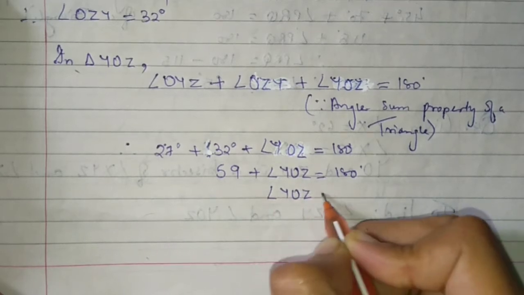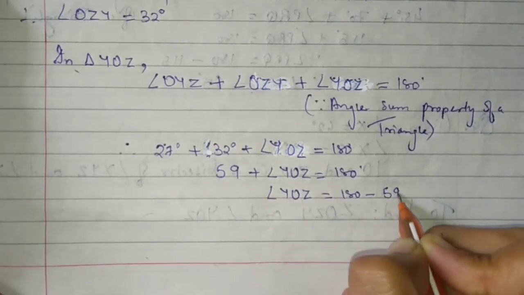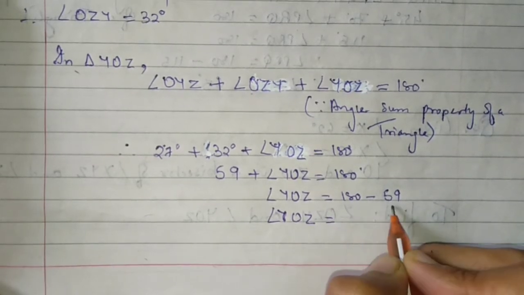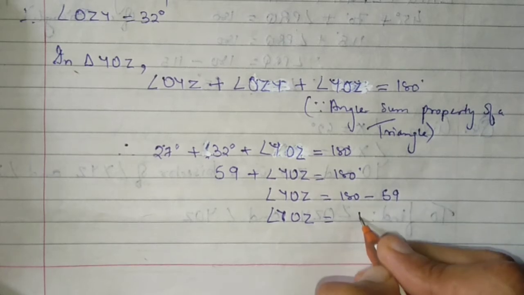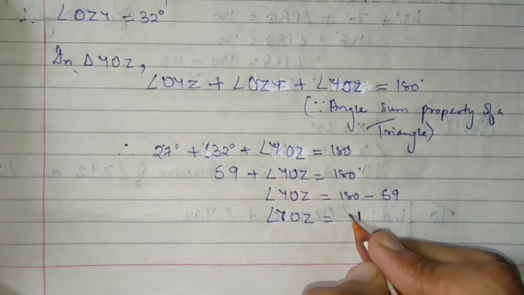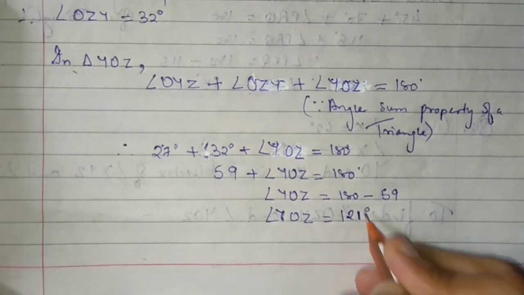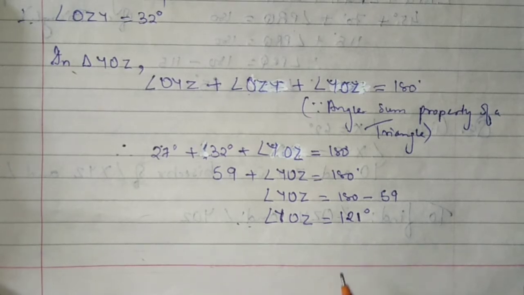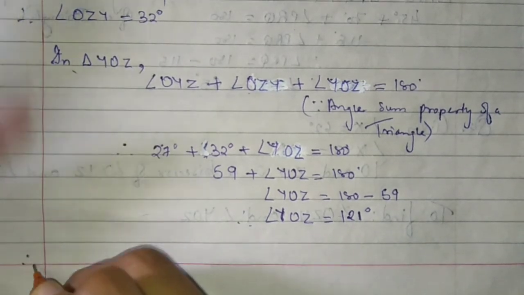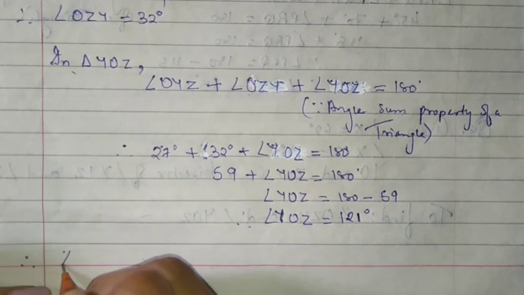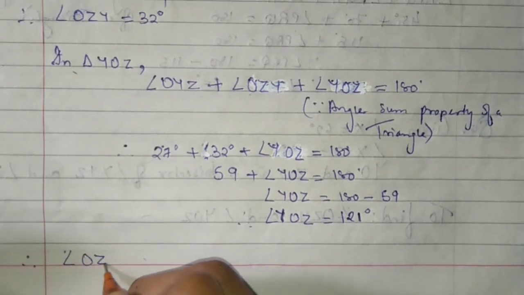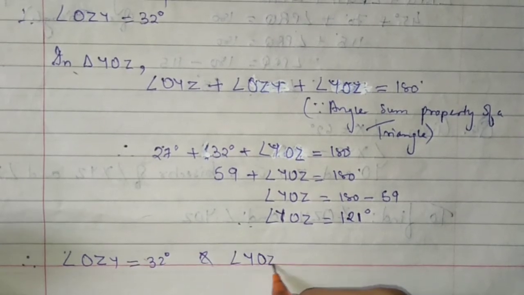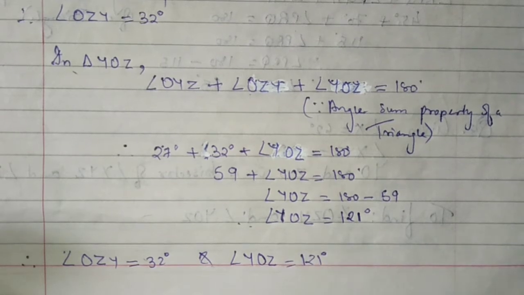So angle YOZ equal to 180 minus 59, which is 121 degree. Whatever we have to find, we write at the last: angle OZY is equal to 32 degree and angle YOZ equal to 121 degree.